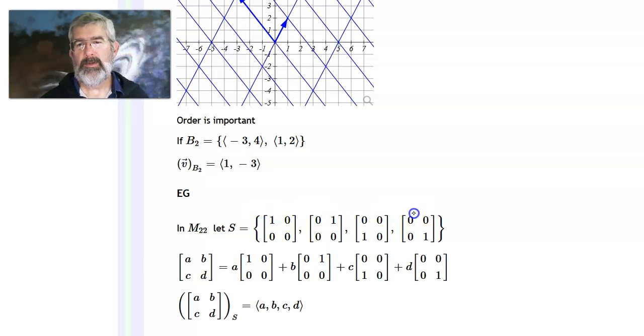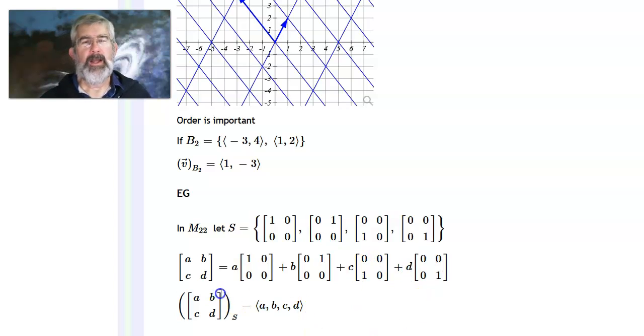1, 2, 3, 4. And now I'm going to take any vector in M22, which vectors, of course, are just matrices, 2 by 2 matrices. And I claim that I can write this 2 by 2 matrix as A times this first one, plus B times the second one, plus C times the third one, plus D times the fourth one.